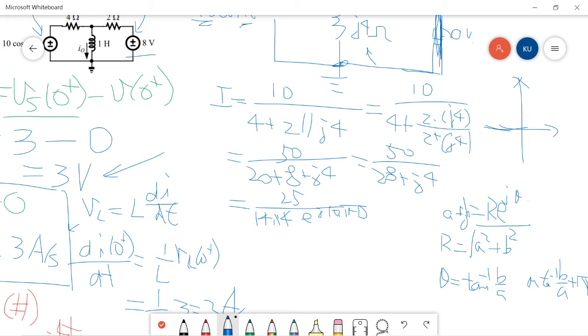Suppose your arctangent has a range in the first and fourth quadrant, then it is okay. And if your complex number is here, then you should add a pi.